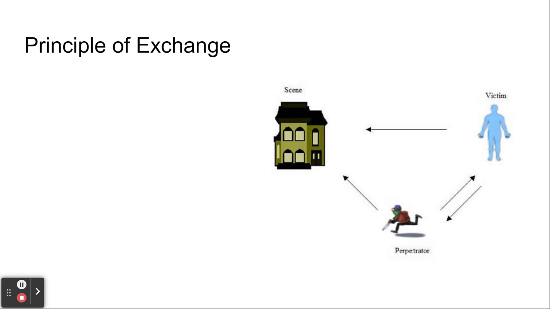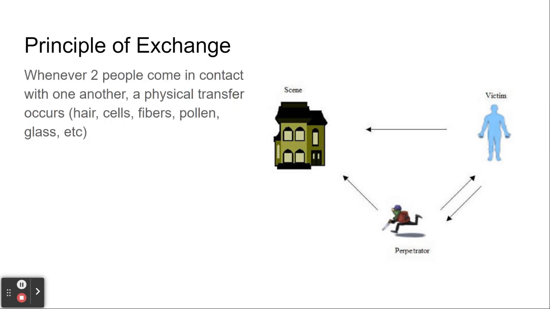But what Locard is most well known for is his principle of exchange, Locard's exchange principle in particular. And basically, the explanation of the principle of exchange is anytime you have two individuals that come in contact with one another, or even an individual in contact with another item, another object, there's going to be some type of physical transfer that takes place from individual to individual, or individual to object, or object to individual.